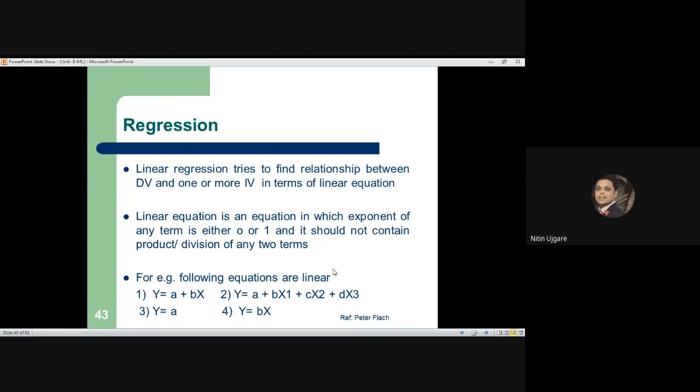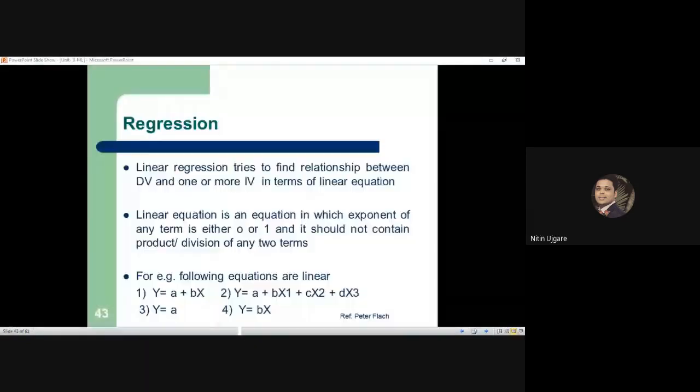A linear equation is an equation in which the exponent of any term is either 0 or 1, and it should not contain any product or division of any two terms. Wherever the exponent of all the components in the equation is 0 or 1, and the equation does not contain any product or division of two terms, that will simply be called a linear equation.